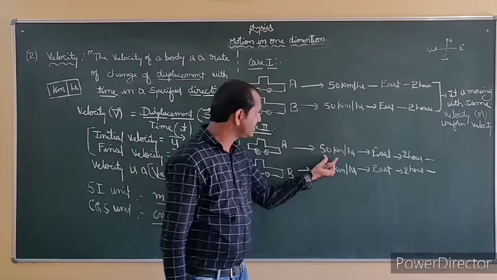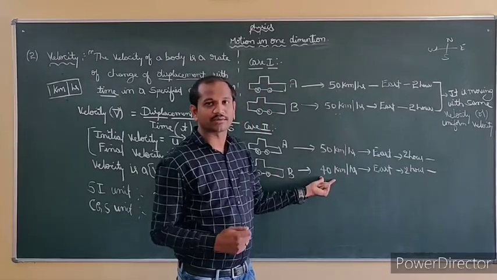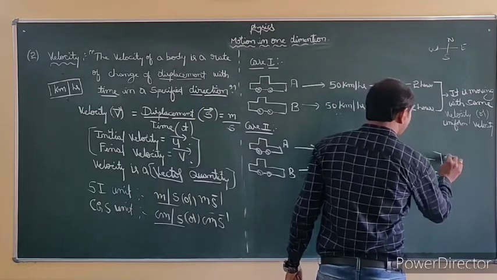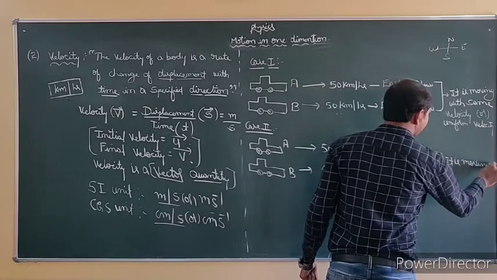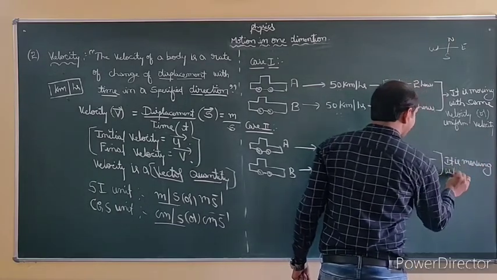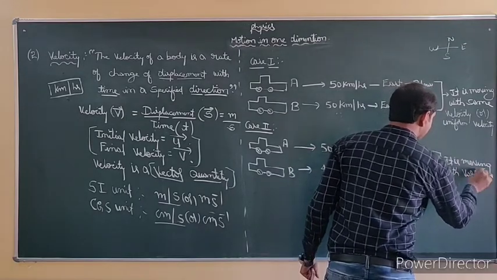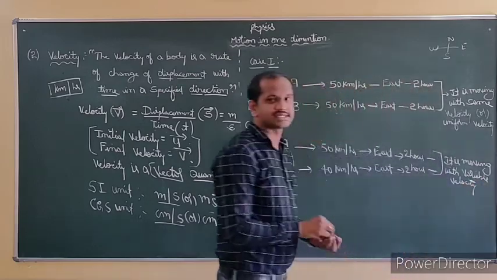Obviously, in 2 hours one car might move 100 km while the other moves only 80 km. Hence we can tell the velocity is variable. It is moving with variable velocity. Are you understanding?